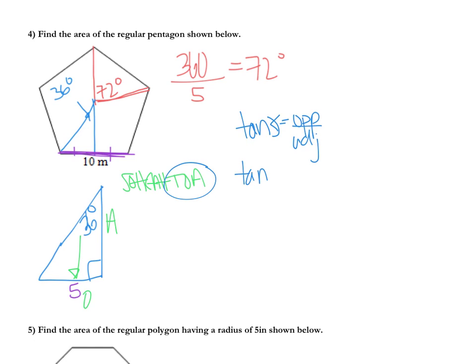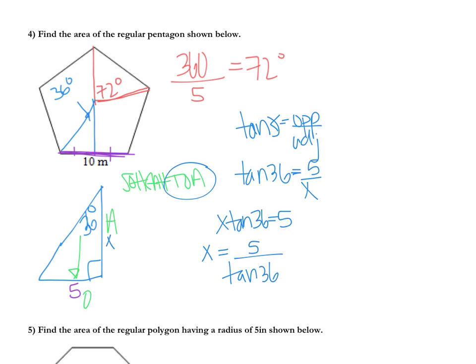So tangent of 36 equals 5 over x. Be careful of where you plug in that x. In this example, it's the adjacent one. So we get x tangent of 36 equals 5, and then to get x by itself, we need to divide by tangent of 36.